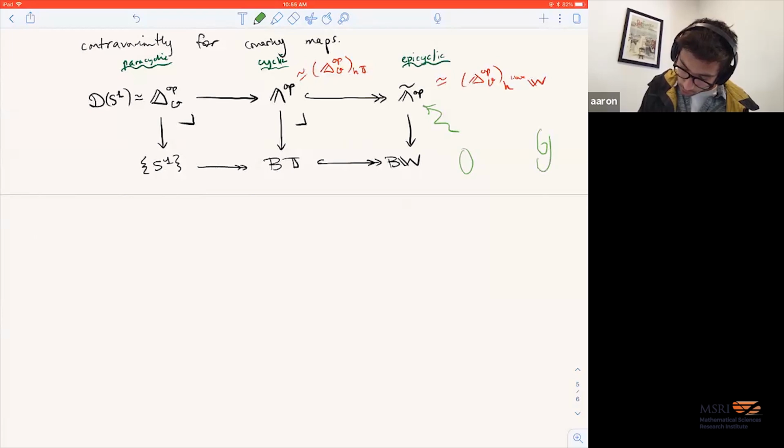So a typical morphism in here is going to look like a morphism in BW, but then also with stratifications, disk stratifications everywhere. So perhaps there's a dot, and then maybe it splits apart right here.